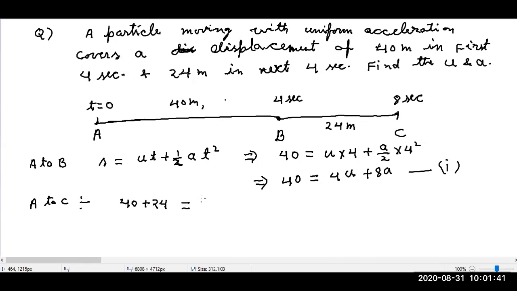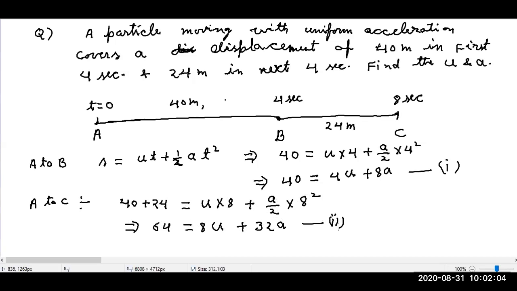U is the same, time is this time 8, and acceleration is A by 2. So the second equation is 64 equals 8U plus 32A. This is equation number 2.